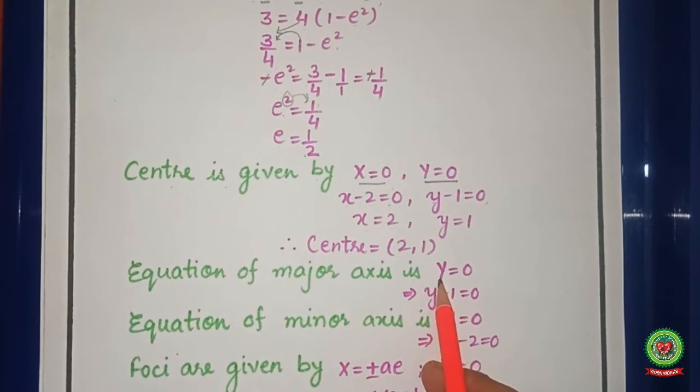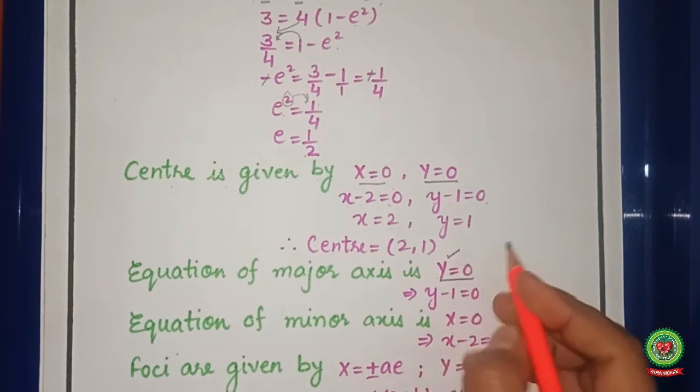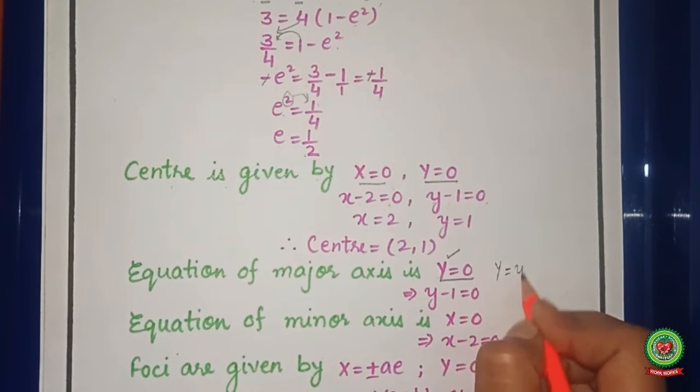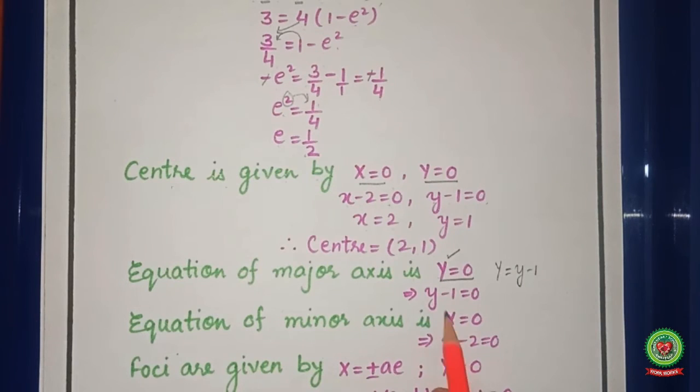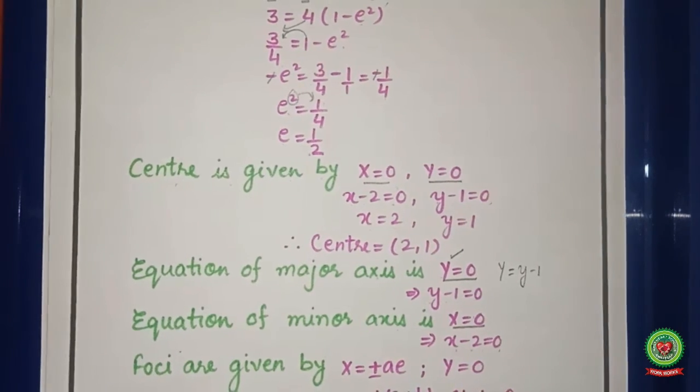It is capital Y equal to 0. So, put the value of capital Y is equal to y minus 1. So, here y minus 1 equal to 0. This is the equation of the major axis. For the minor axis, capital X is equal to 0. So, on substituting the value, we get x minus 2 is equal to 0.